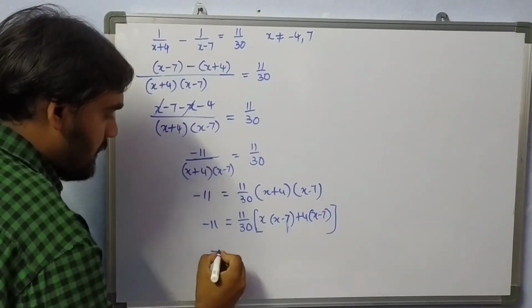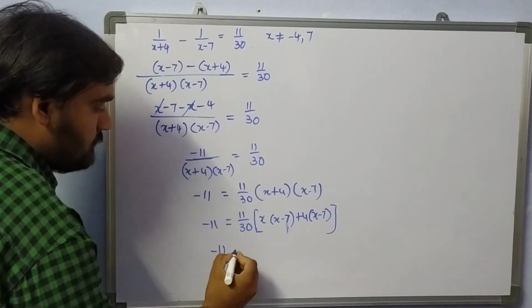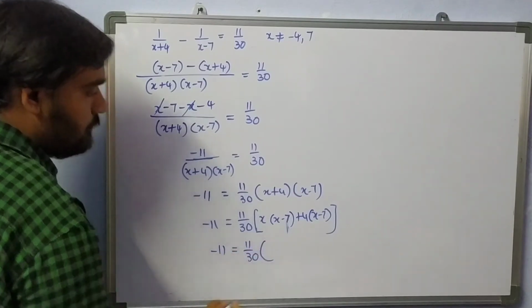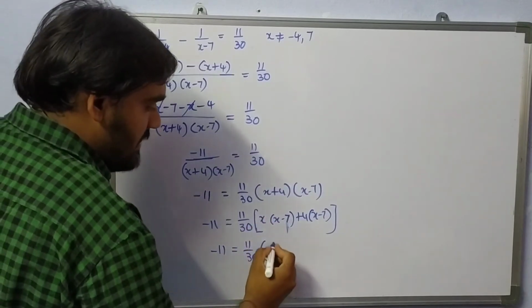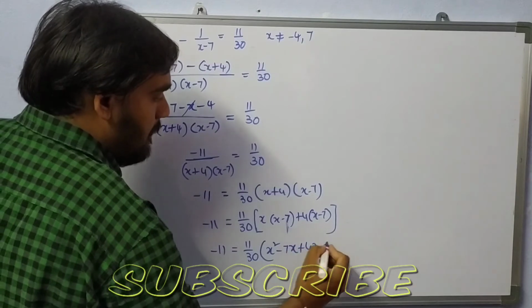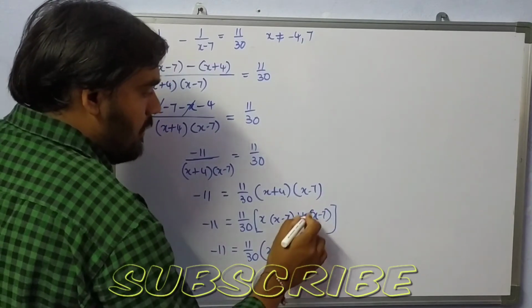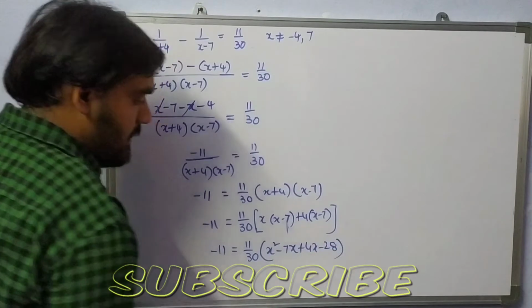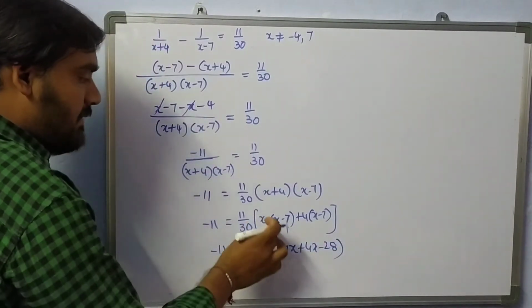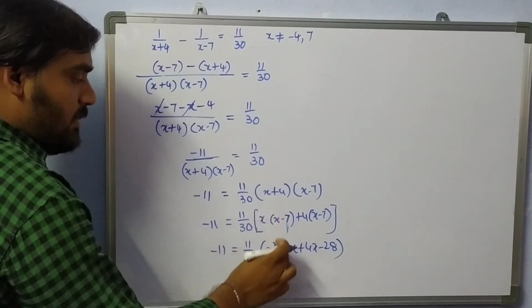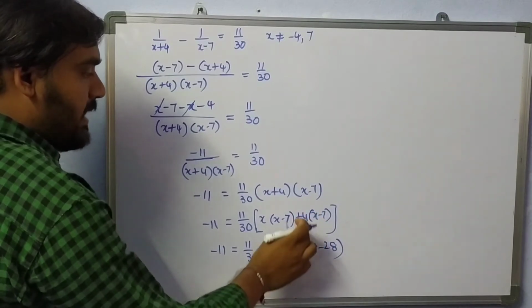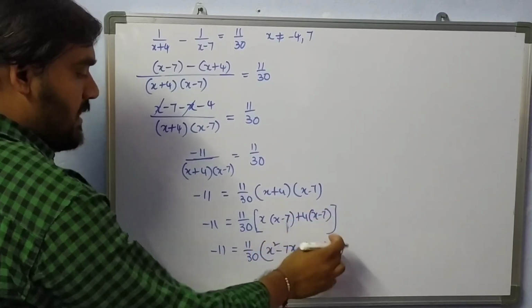Now minus 11 is equal to 11 by 30 into x into x, x square, minus 7x plus 4x, plus into minus, minus 4 sevens are 28.